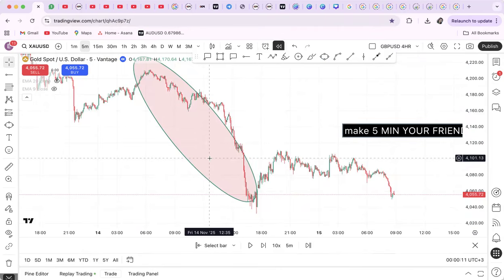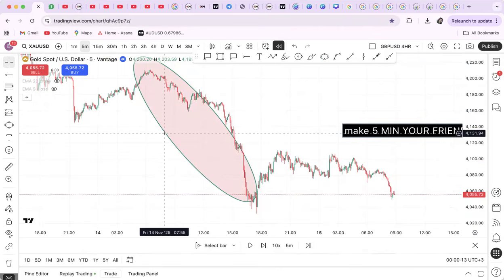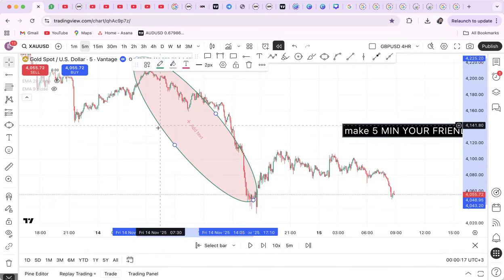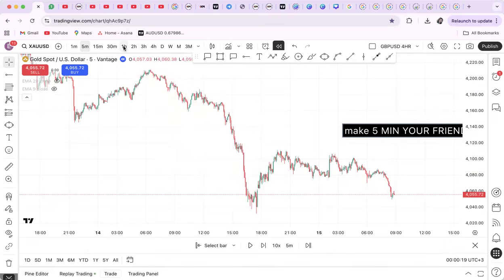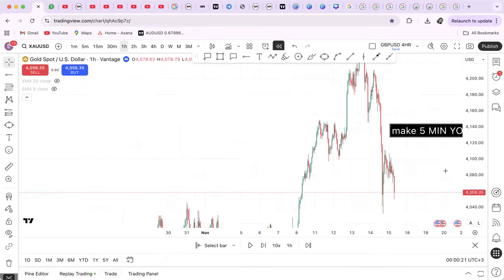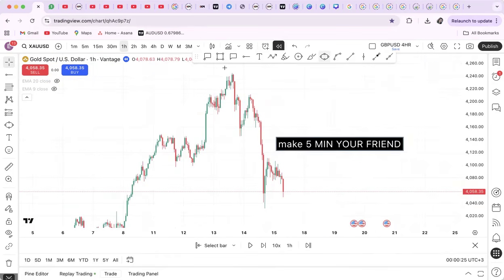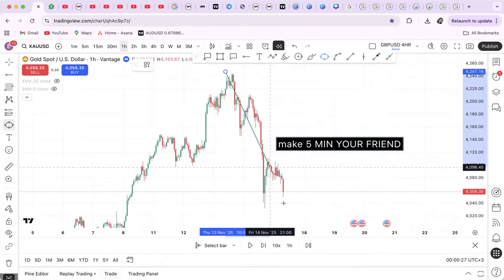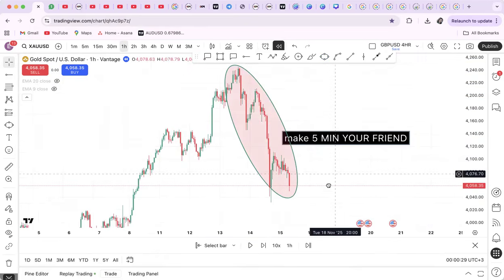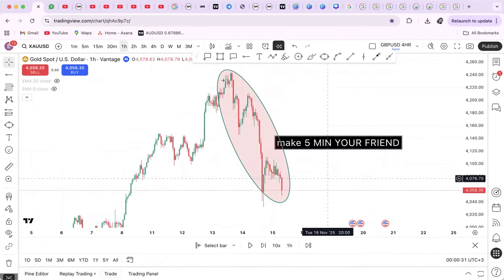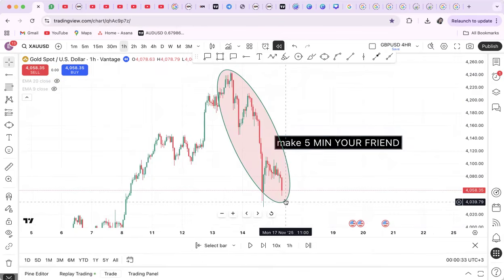That is something that you need to understand. If checking the trend on 5 minutes is a bit much, you can go to 1 hour and you can see we have that downtrend. Okay, so this is a downtrend, and now we want to continue with the trend.